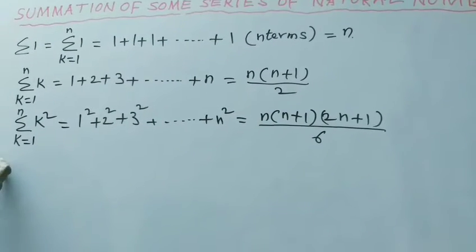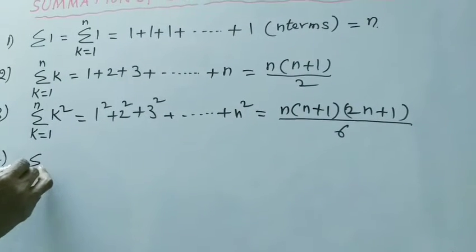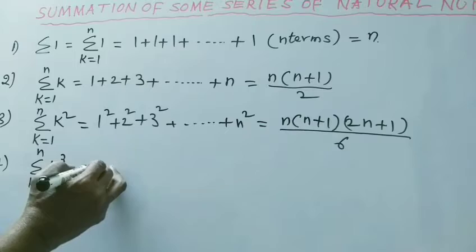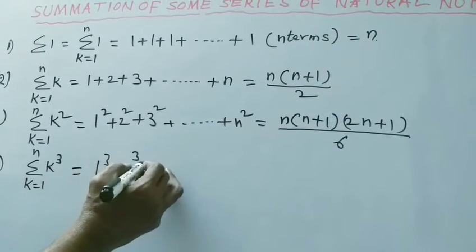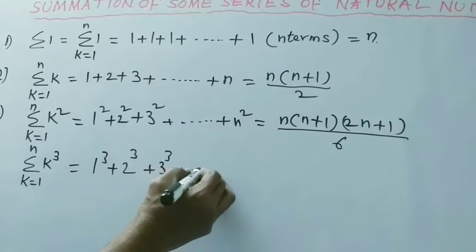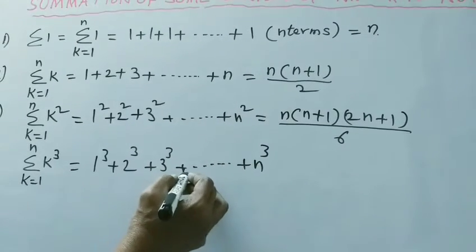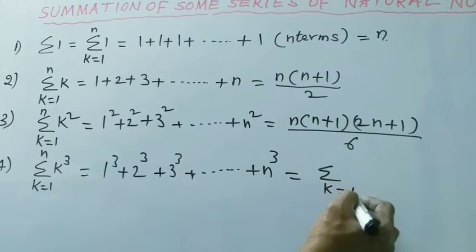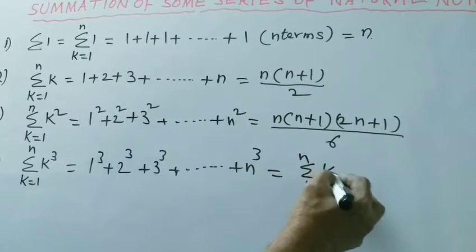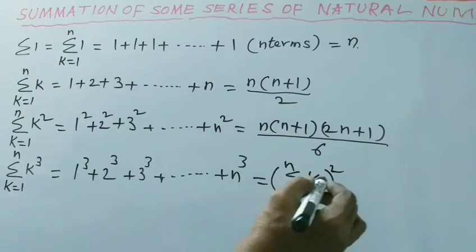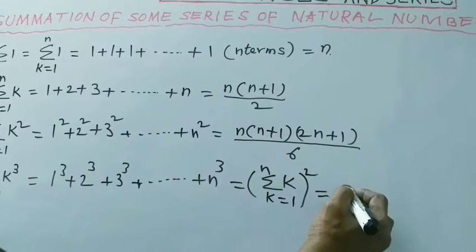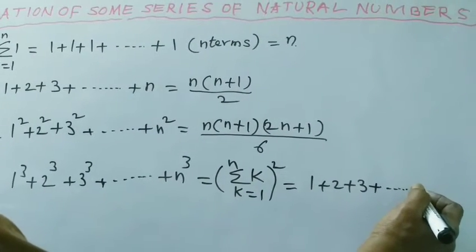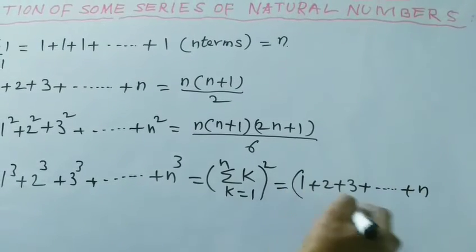And one more, fourth one, summation of k is equal to 1 to n, k cube is equal to 1 cube plus 2 cube plus 3 cube plus and so on plus n cube, is equal to summation of k is equal to 1 to n, k whole square, that is equal to 1 plus 2 plus 3 plus and so on plus n whole square.